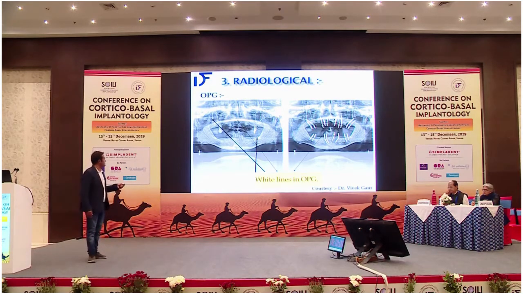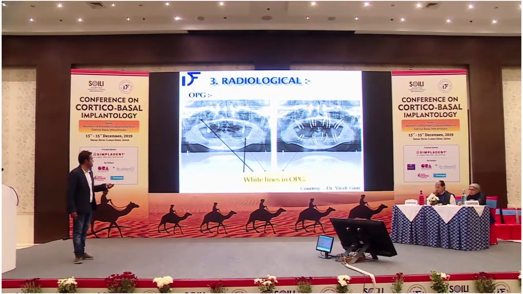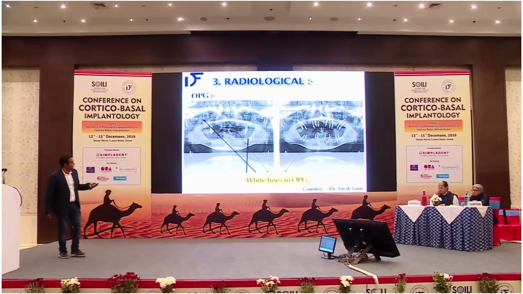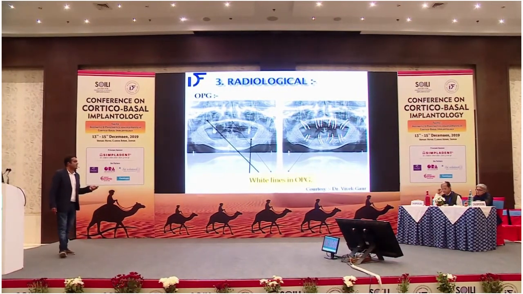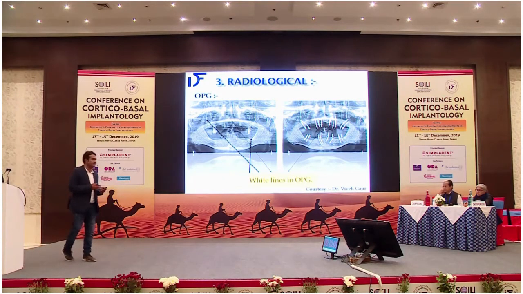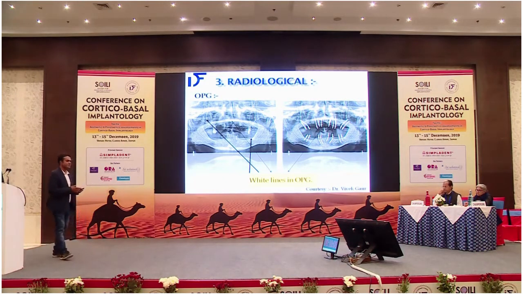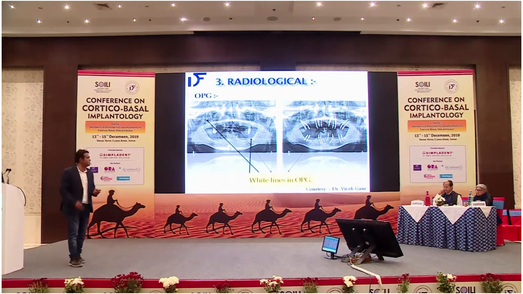So we should look for the nasal floor, sinus floor, then the pterygoid bone, external oblique ridge in the mandible, and internal oblique ridge in the mandible. These are highly corticalized bone and give a white line in the OPG. We should look for that so that we can easily insert the bicortical screw.